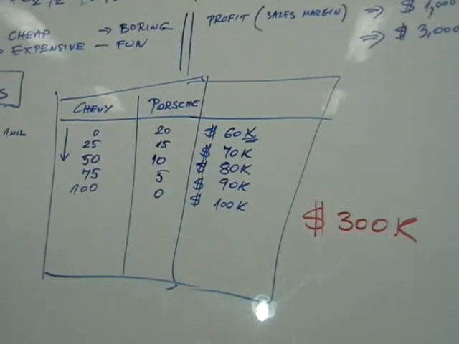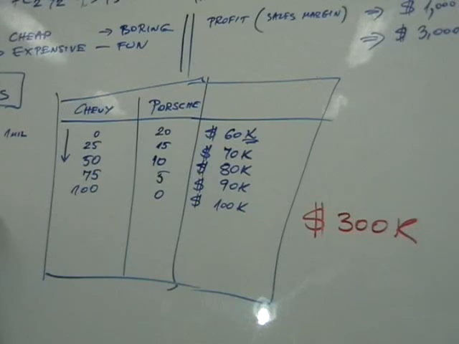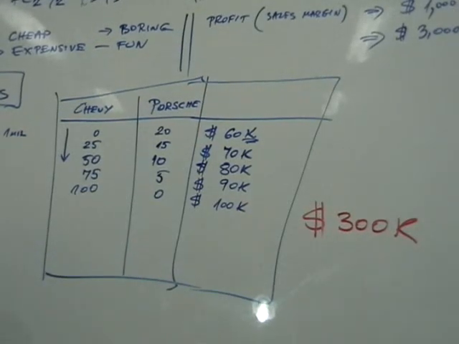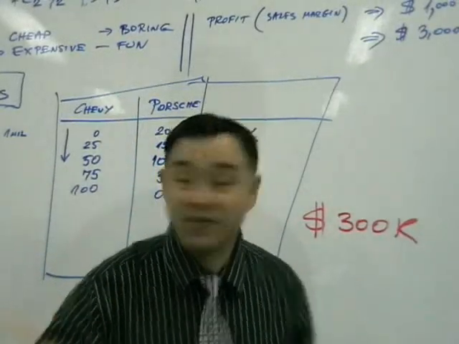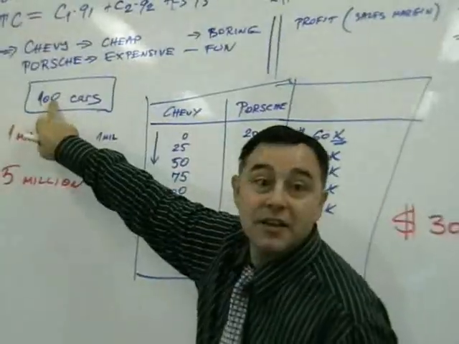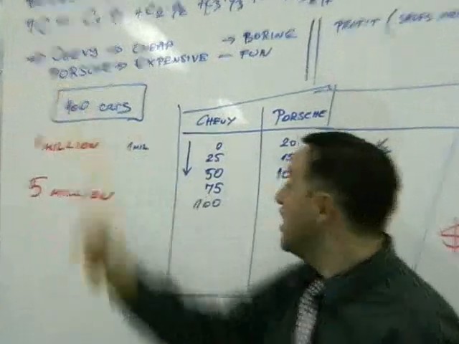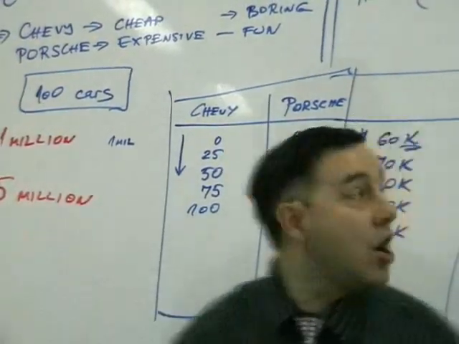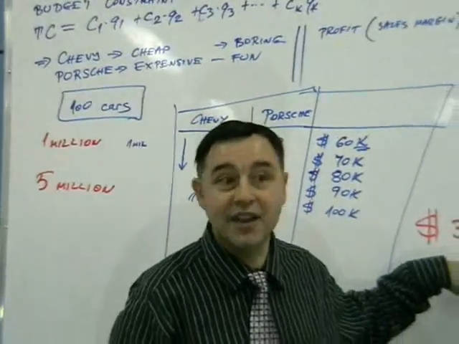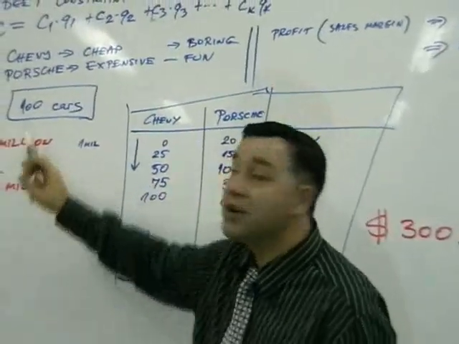So, if the dealer has 5 million, the budget constraint is not limiting him. Now, the parking lot is limiting him. So, he should have 5 million in order to maximize the total profit. But the problem is, he's got only 1.